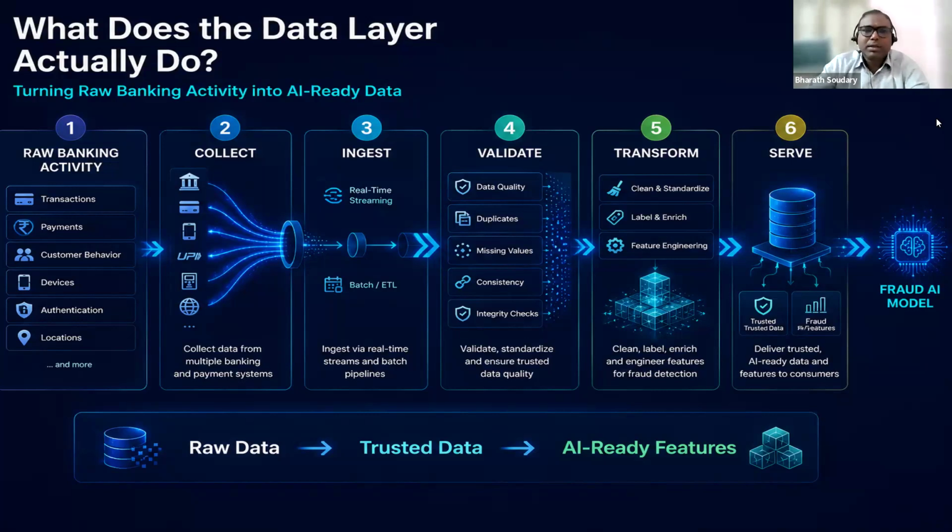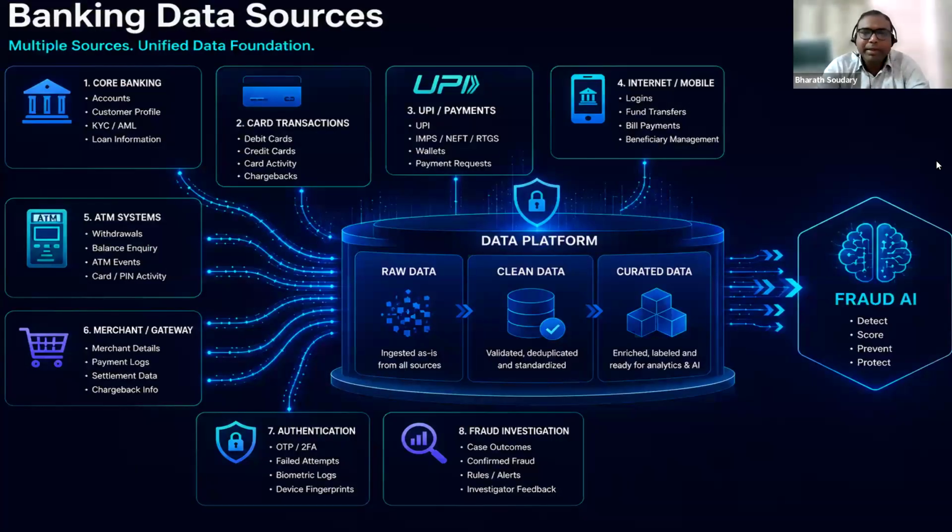We'll talk about the banking data sources in slide number 6. So the main objective of banking data sources is that multiple banking sources are unified to create a trusted data foundation.